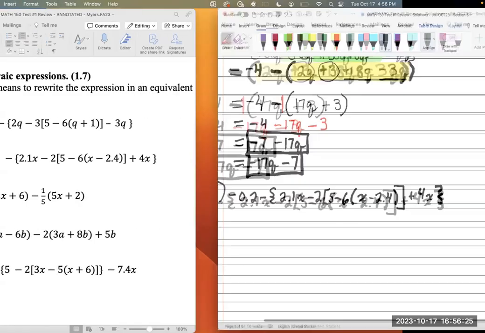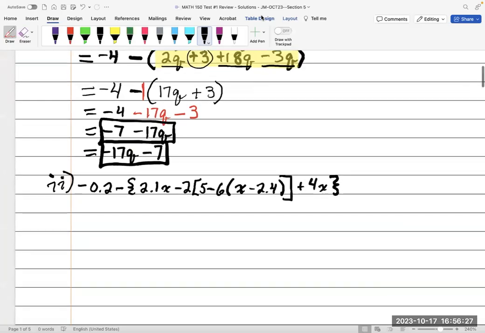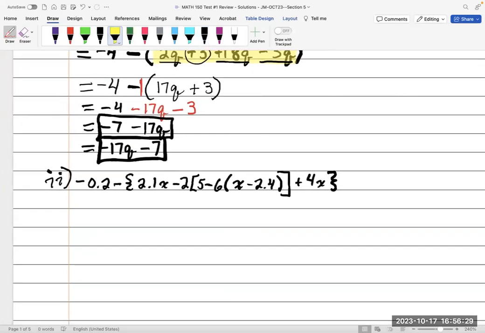All right, get myself some more space for this one, and away we go. I'm going to notice that this is the inside. These are the parentheses. So I have negative 6 times the parentheses, and then I do have brackets here, and I have set builder notation there. Copy down what I don't need to think about right now. 2 minus.